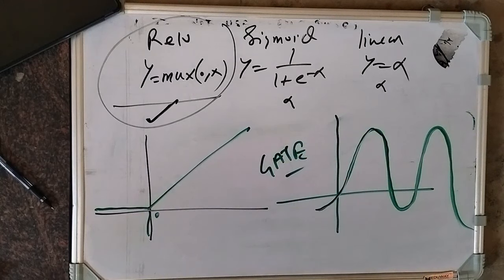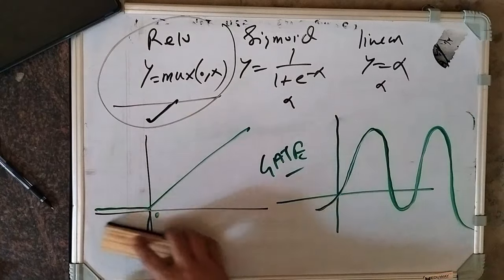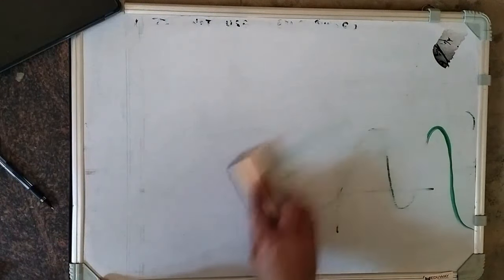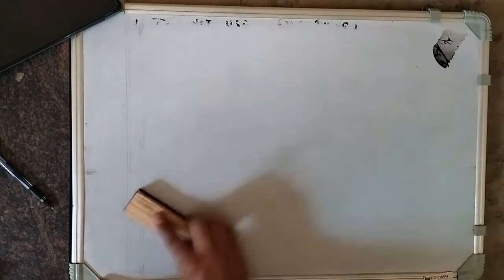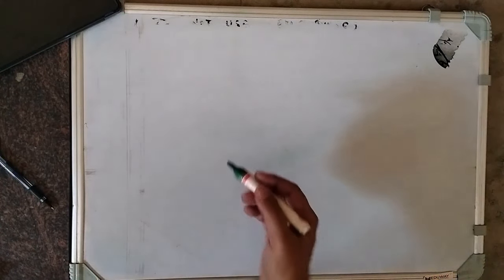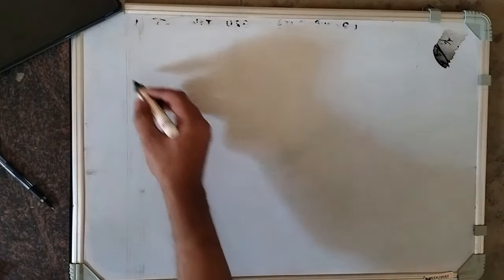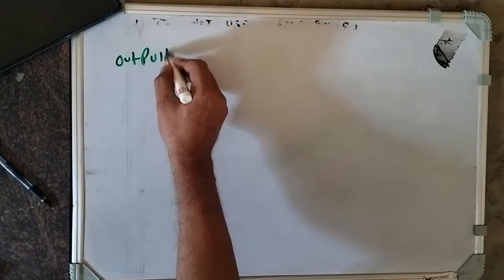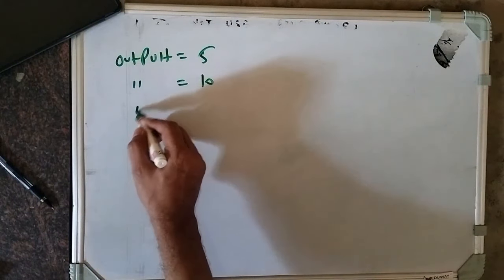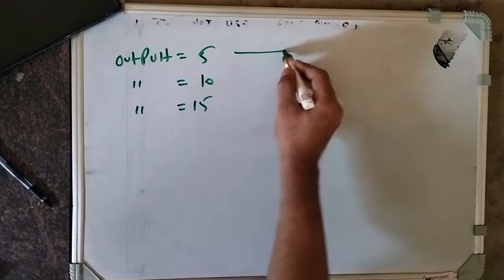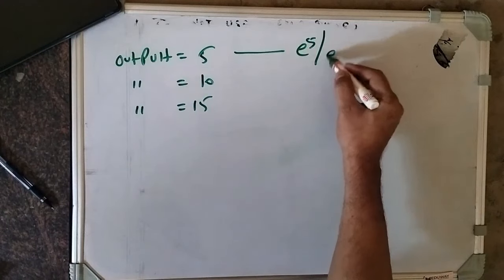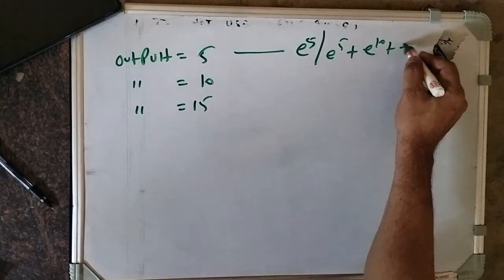Now we are discussing another topic, softmax. Softmax is also very important. What is the meaning of softmax? Suppose your first output is 5, second output is 10, and third output is 15. So what it is doing, it is writing e to the power 5 upon the summation of all: e to the power 5 plus e to the power 10 plus e to the power 15.